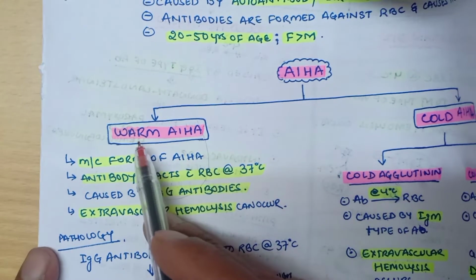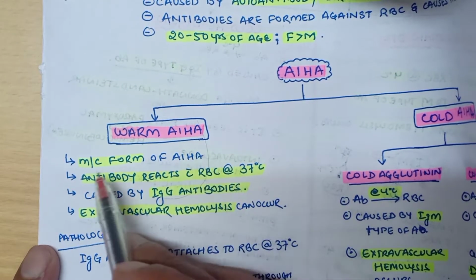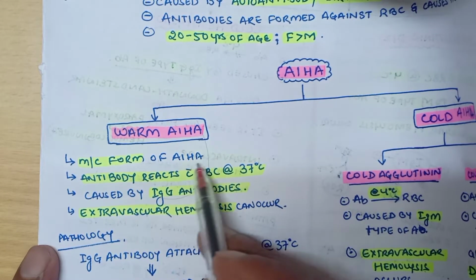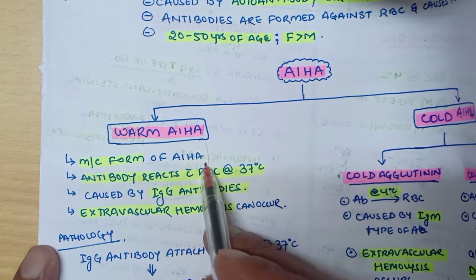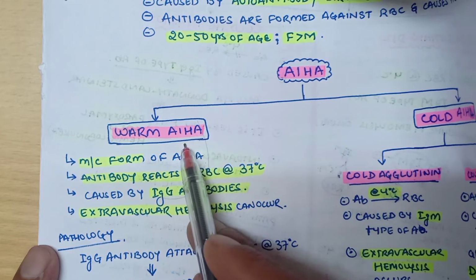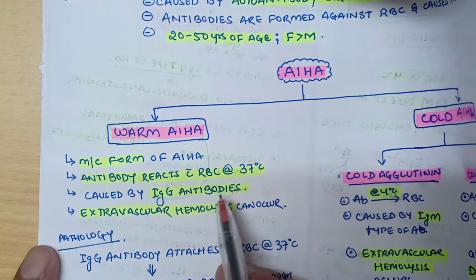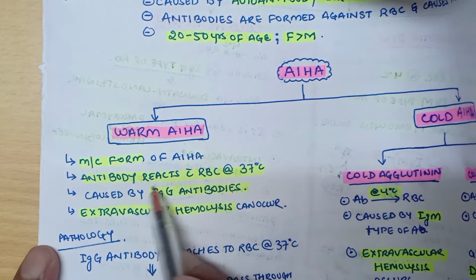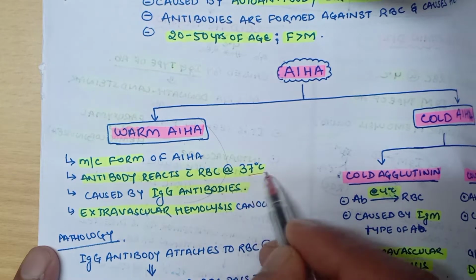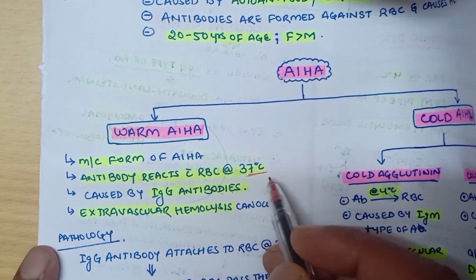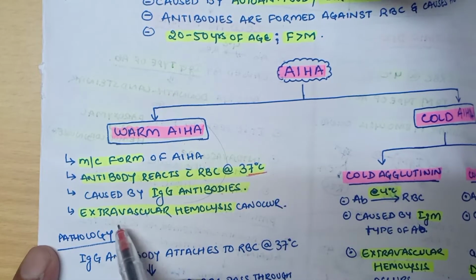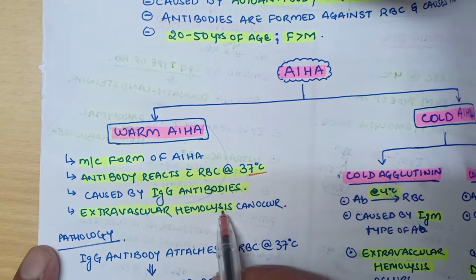Warm autoimmune hemolytic anemia is the most common form, and it is caused by IgG antibodies, and these antibodies react with RBC at 37 degrees centigrade, and this will result in extravascular hemolysis.